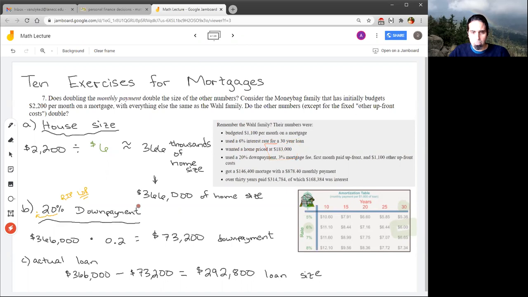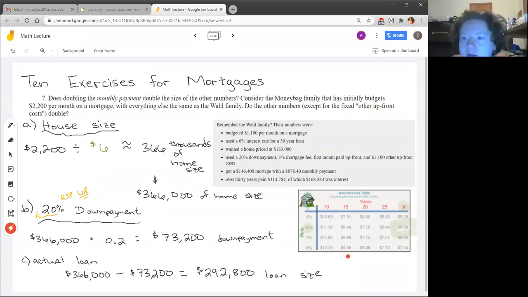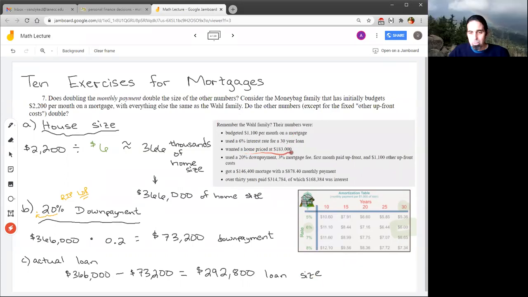Is 183 times 2, 366? The old home price was 183. Now we're at 366. So 18 and 18 is 36. So that's twice the amount there.